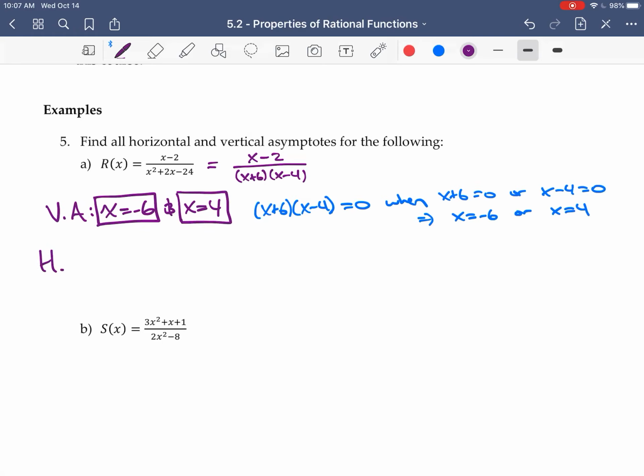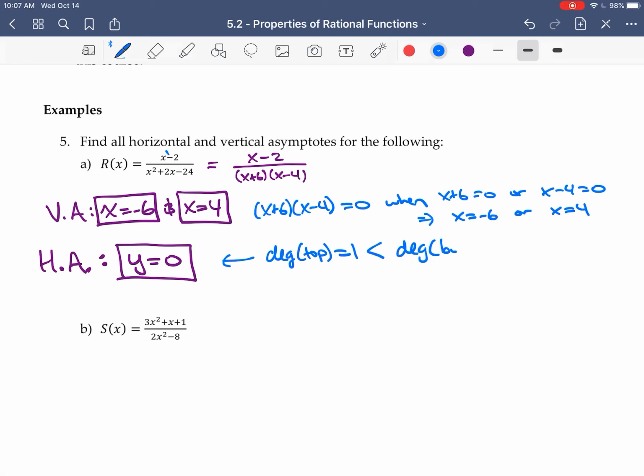And then for our horizontal asymptote, it's going to be at y equals 0. The reason for that is the degree of the top is equal to 1, that's the power of the x, which is less than the degree of the bottom, which is 2 because it's a quadratic.